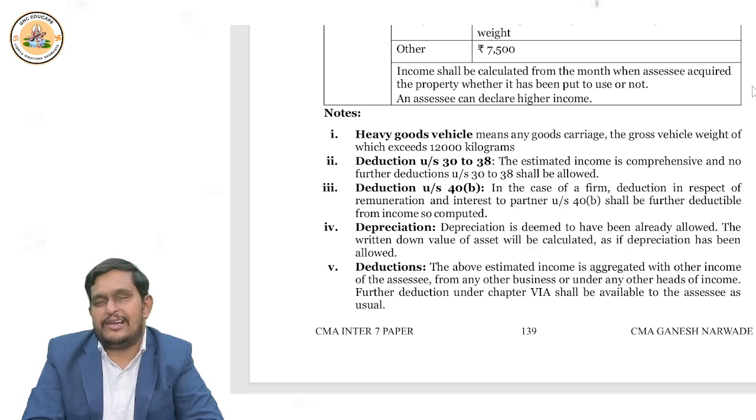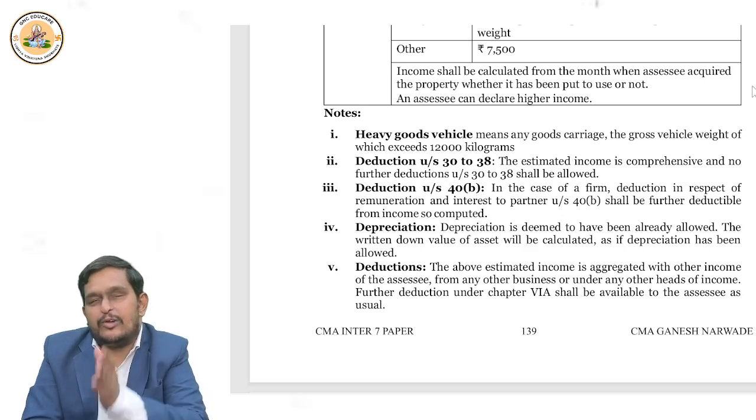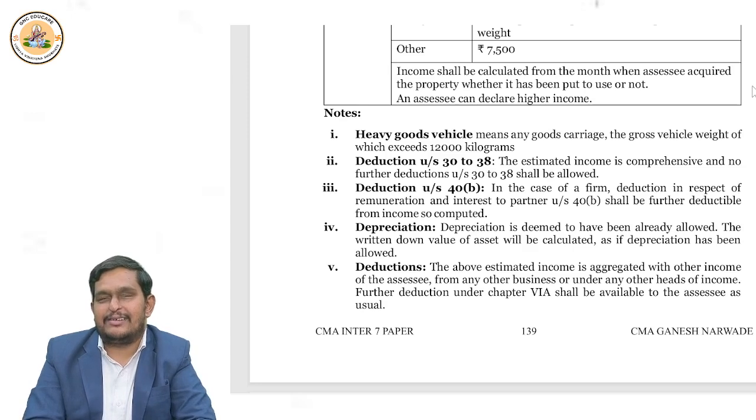If any vehicle has less than 12,000 kgs capacity, then it is a small vehicle. This way you have to remember: a heavy vehicle means a vehicle which has 12,000 kilograms of capacity.